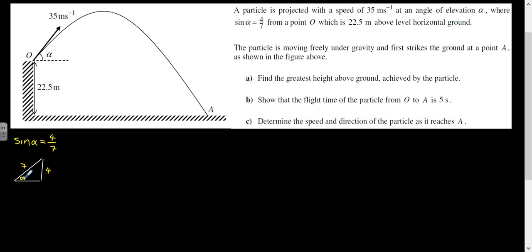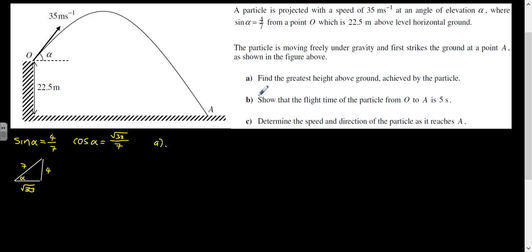We've got 7 squared minus 4 squared, square rooted. We've got root 33, and we'll just leave that as root 33. So our cos alpha is going to be root 33 over 7. So it's not a nice number, but it's still a number that we can use.